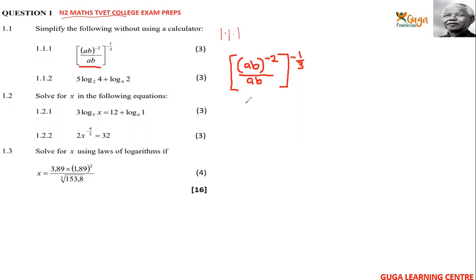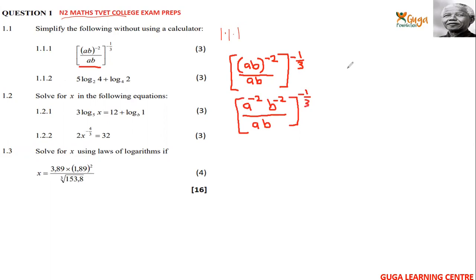Now it will be a to the negative 2, b to the negative 2, all over AB. Here you know the rule that I used, right?